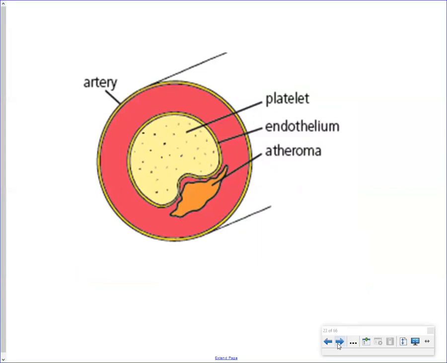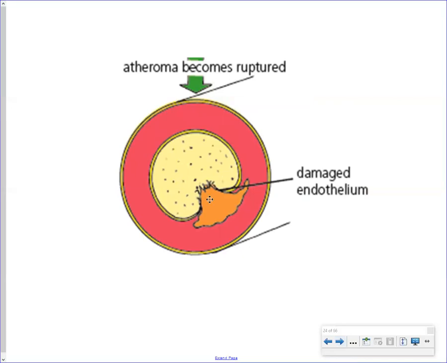So again, just a summary. Atherosclerosis is taking place and the atheroma or the plaque is developing underneath the endothelium. Eventually the atheroma ruptures, breaks through the endothelium. The endothelium cells are damaged, and that causes the clotting factors to be released.